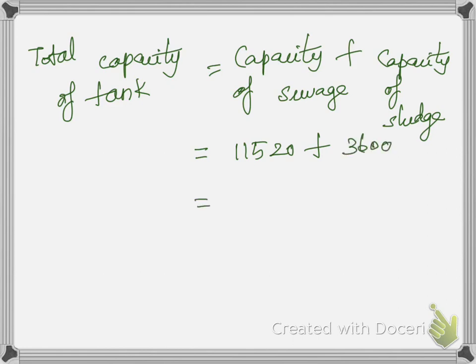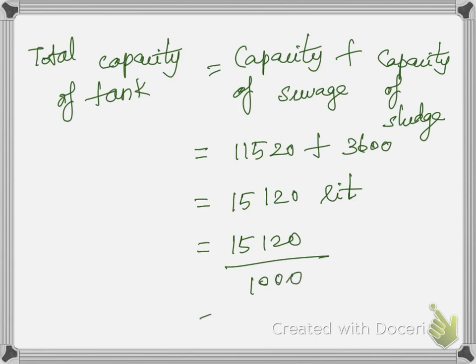When we add this, it becomes 15,120 liters. When we convert it into meter cube, we have to divide this by 1000. So I'll be getting 15.1 meter cube. So 15.1 meter cube is going to be the capacity of the tank.